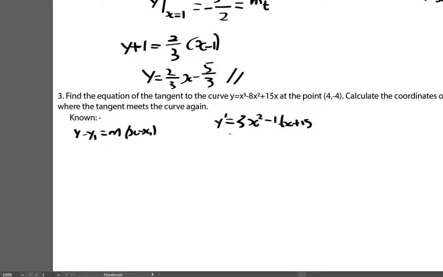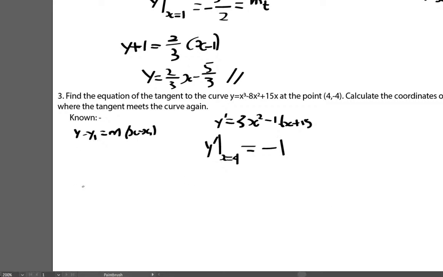That means we want to evaluate y prime when x equals 4. So let's plug the numbers in. 16 times 3, that's 48, minus 64, that's negative 16, plus 15, that's negative 1. So the y prime here is negative 1, which is exactly what I calculated it to be.